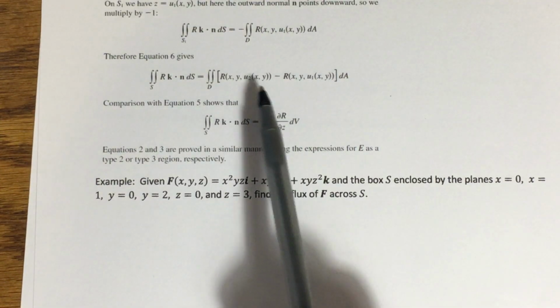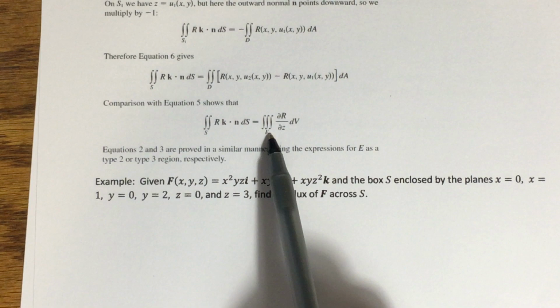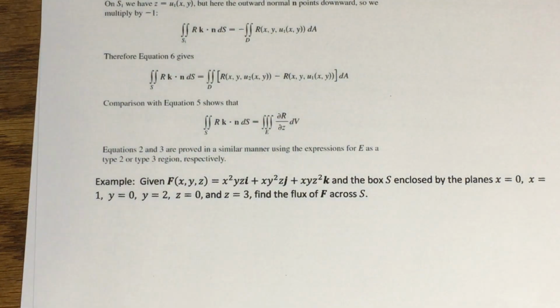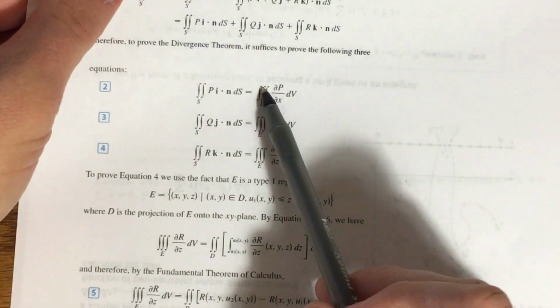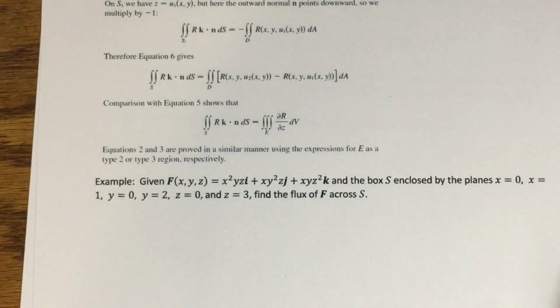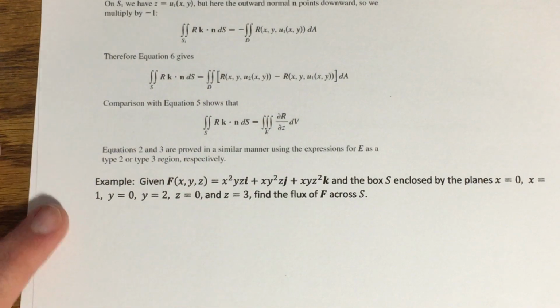So that establishes the equality that we wanted to show. Again, a similar method can be used to prove the equality of these other two equations, which would finish the theorem off, but it's not worth our time to go through all those steps again.